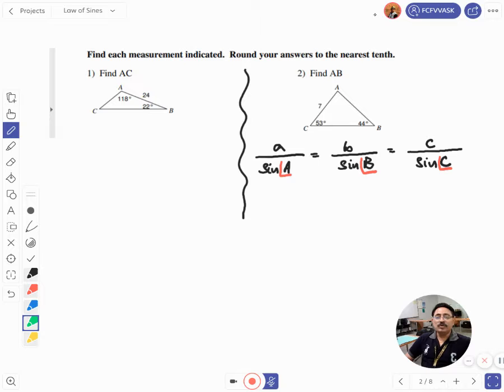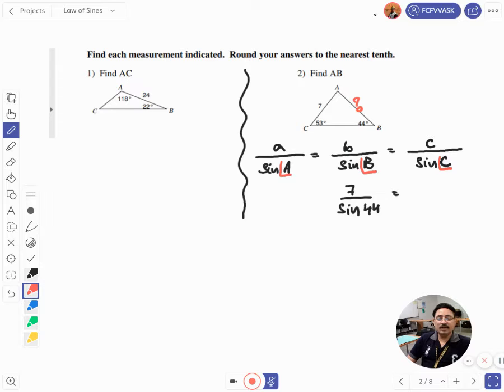Then coming to b, the side opposite to angle B, I see that the side is 7 units over sine B, which is sine 44 degrees. Then c is the side opposite to angle C, which you are asked to find.